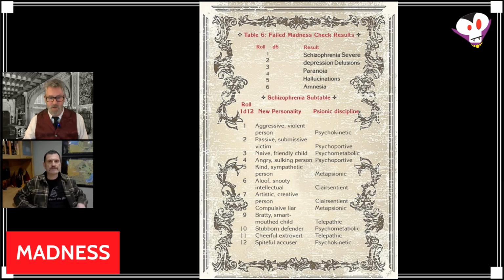If you roll a 9, you're a bratty, smart-mouth child, and I could see a good player having fun with this. Oh yeah, you could just go crazy with this, right? So the bratty child would retain telepathy but lose everything else. Number 12, you're a spiteful accuser. You retain psychokinetic abilities, but again, everything else is not available to you anymore.